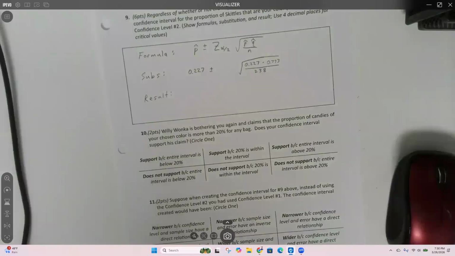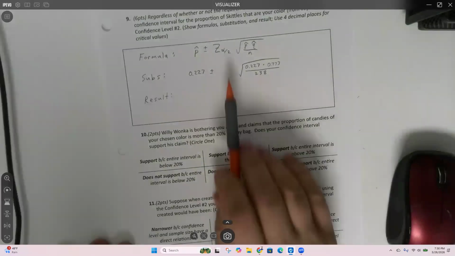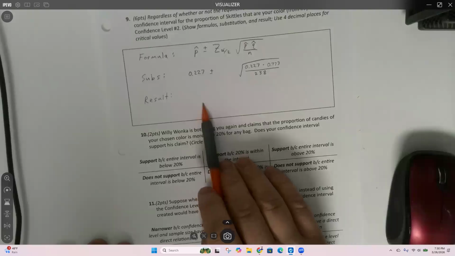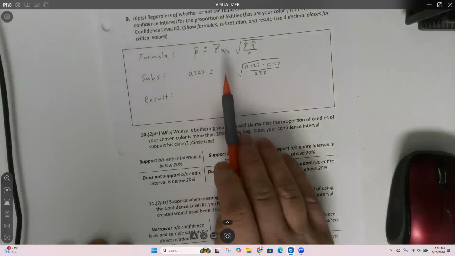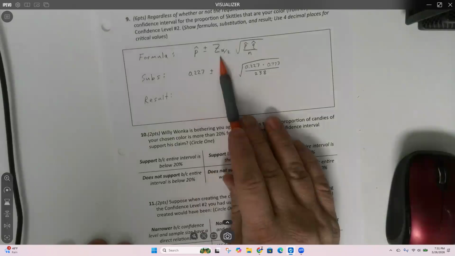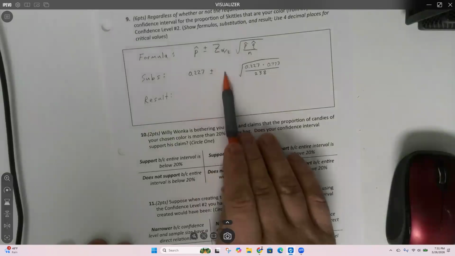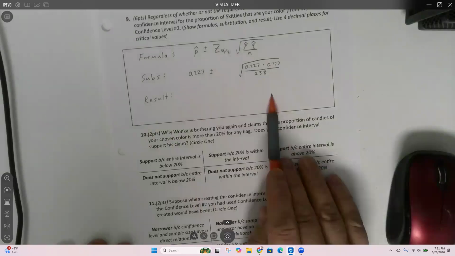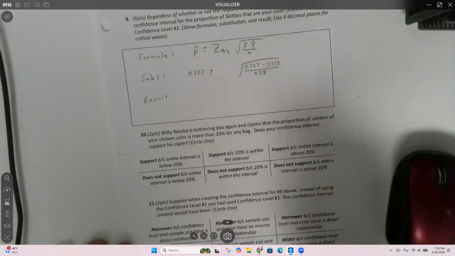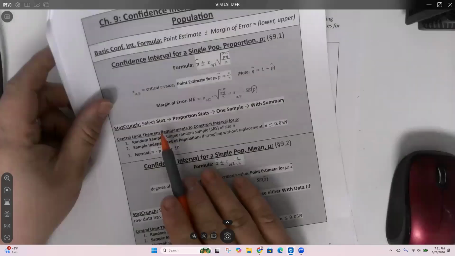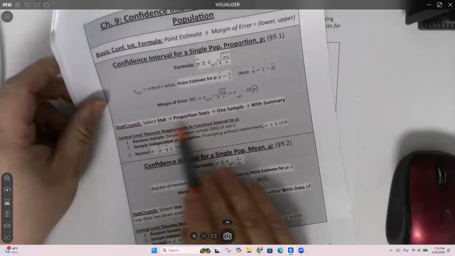There are 2 ways that you can calculate your confidence interval. One is using a pair of calculators: the StatCrunch calculator, the stat calculator's normal to get the z value, and then a Desmos calculator. That works fine. This time I'm going to use StatCrunch: Stat, Proportion Stats, One Sample, With Summary.